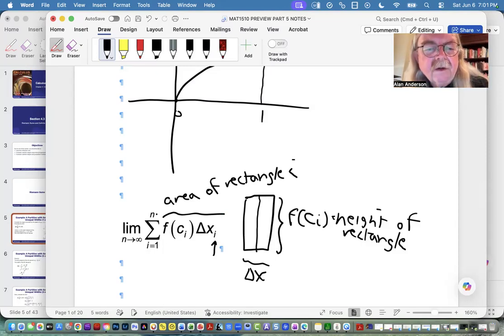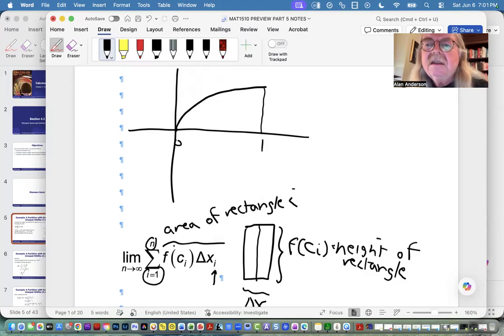And so there are n of them that we add up, but if we only have a small number of rectangles, as we've seen, the total area of those rectangles is likely to be significantly different than the actual area under that curve. So that's what this is doing here. As we increase the number of rectangles, we're getting closer and closer to the true area under this curve.